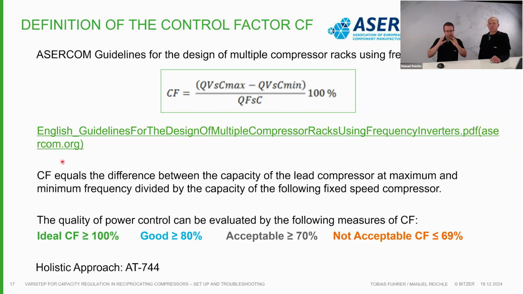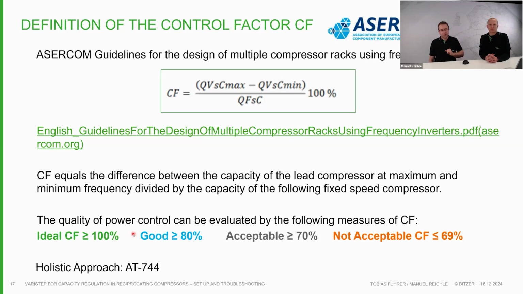But out of this ASERCOM guideline, the CF factor is describing, it's the calculation, what we can see. This is the capacity of the variable speed or variable capacity compressor, maximum minus minimum, divided by the capacity of the fixed speed compressor. So if this range is bigger than the fixed speed compressor, we get a CF factor of 100, which is ideal. It's perfect. And it's very easy to do with the VARISTEP.